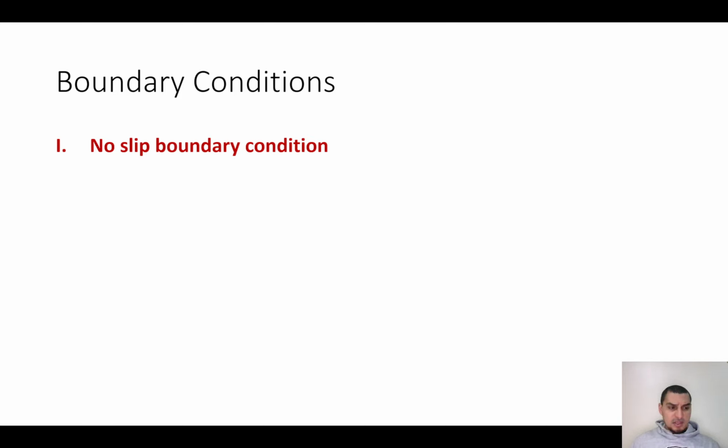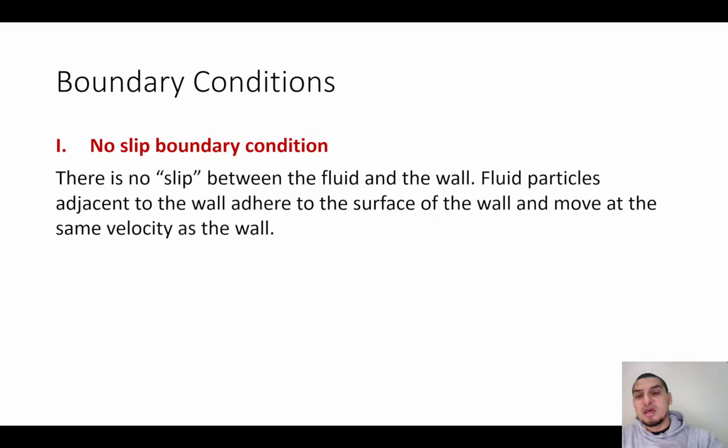We have dealt with the no-slip boundary condition before in chapter 2, at the very beginning of the course, and we said that the no-slip boundary condition means that the layer of the fluid in contact with a solid surface will not slip, meaning that it will have the same velocity as the surface.